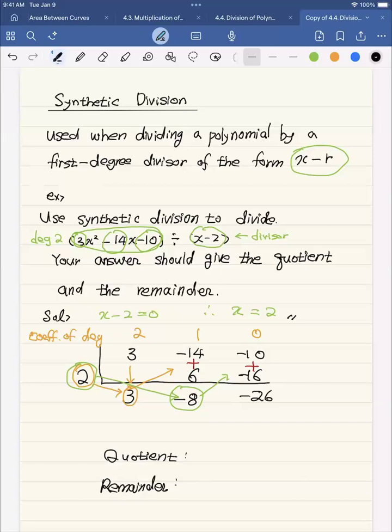What's important at the starting point is writing the coefficient of each term according to the degree. It must be descending degree. And instead of subtracting, we have to add. When we have this result, we have to interpret what it means. The last number is a remainder.